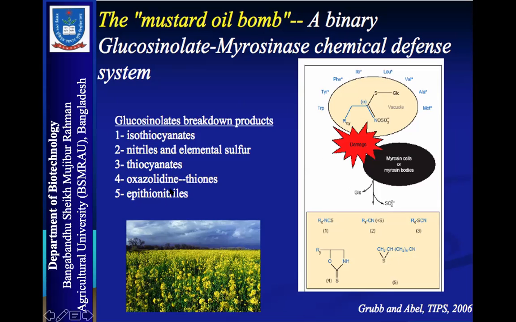This is an important mechanism: how the chemical defense system, the glucosinolate-myrosinase binary system, helps the mustard plant protect itself from the attack of most insects and herbivores. Similar mechanisms are also present in other plants. So I am giving you an example.